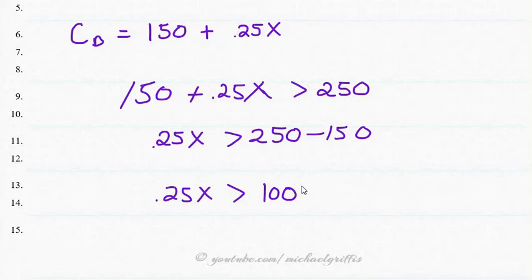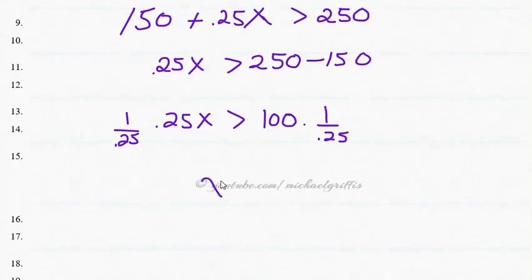All right, multiply both sides by 1 over 0.25. That'll get those to cancel out. So now we're left with x is greater than. Now, how many times does 0.25 go into 100? I'd say probably quite a bit. Another way you can look at this, we're just doing arithmetic now. And then flip that. 4 goes on top, 1 on bottom. 4 times 100 is 400.